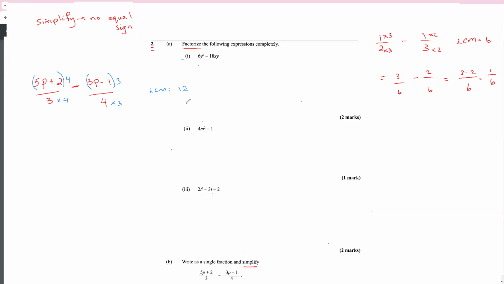Anytime you have brackets, this could have been in front of here, right? If you put it in front, if you put it behind, it's the same thing. You have to multiply whatever's immediately outside the bracket by everything inside.